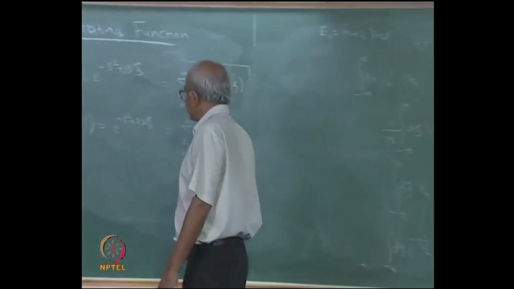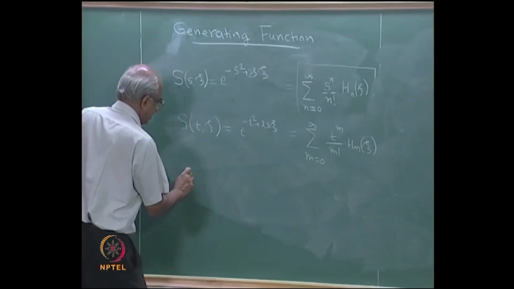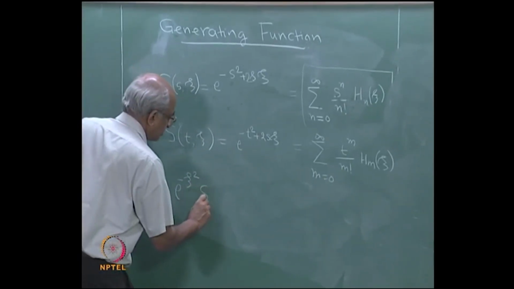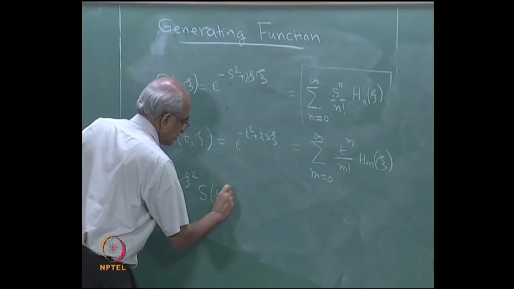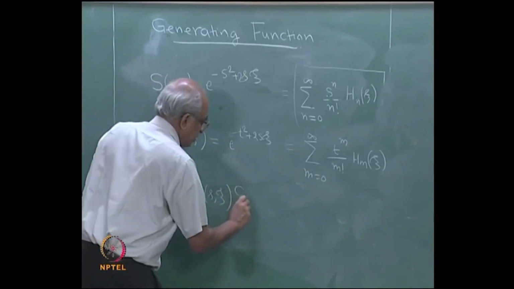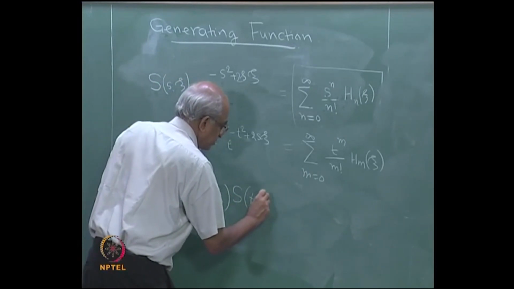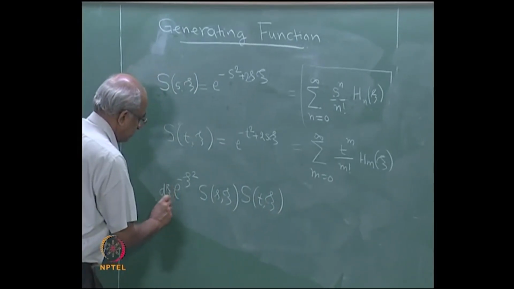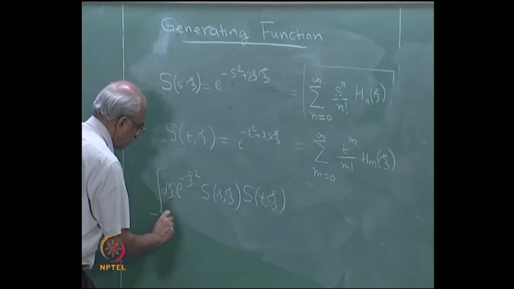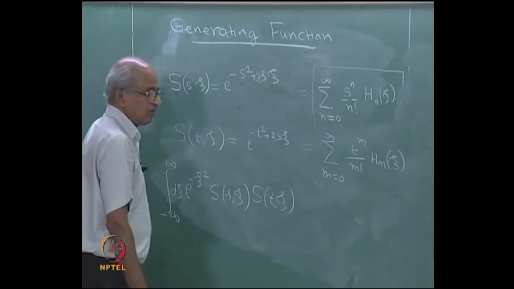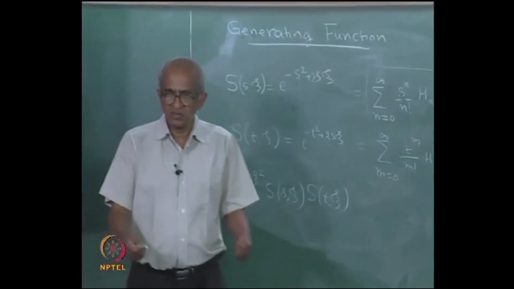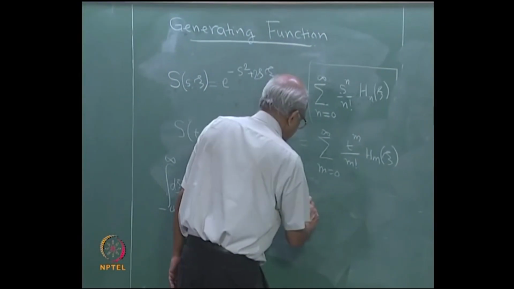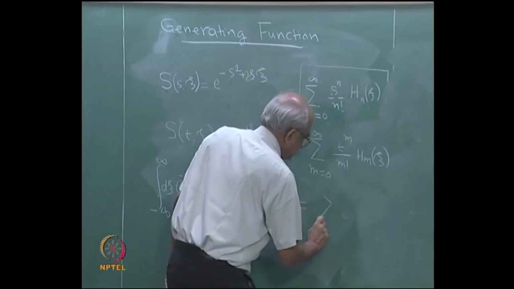So, therefore, what I will do is I will think of this integral: e to the power of minus c square into S of s, c, S of t, c, and I will multiply this by dc, integrate from minus infinity to plus infinity, right. Why do I do that? It is fairly obvious now, because the right hand side will be sigma.